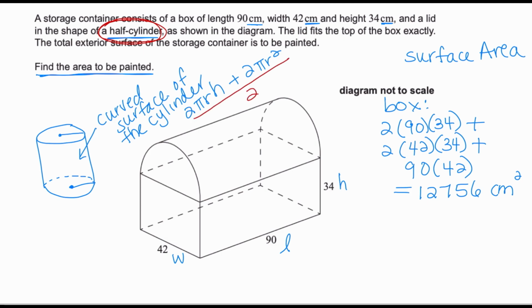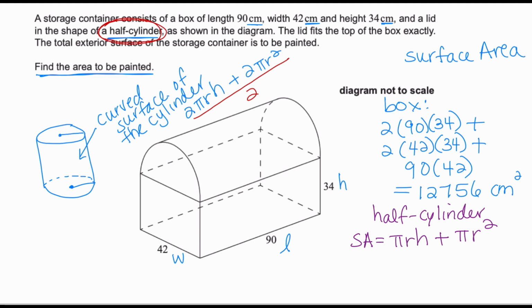So you have a choice. You can either find the entire answer and then divide it by 2 at the end. Or right now, if I realize that I have 2 pi rh plus 2 pi r squared divided by 2, I know that in order for me to get the surface area of this half cylinder, it's basically going to be pi rh plus pi r squared.